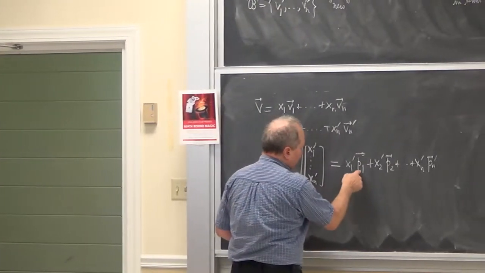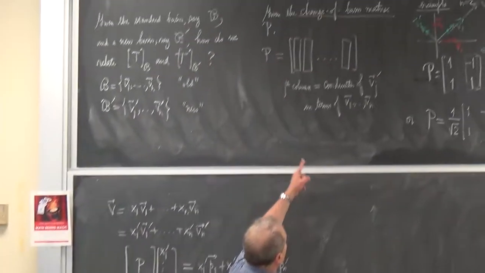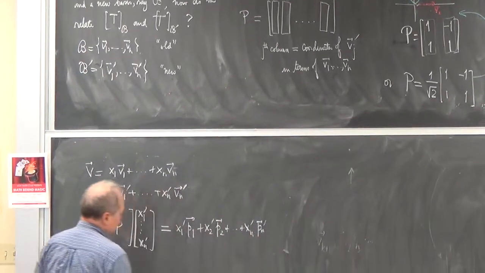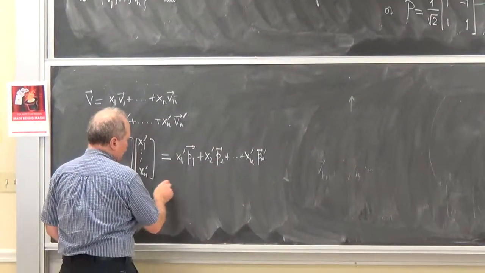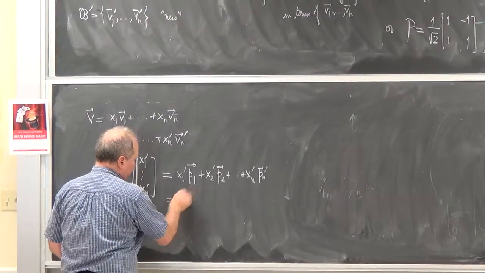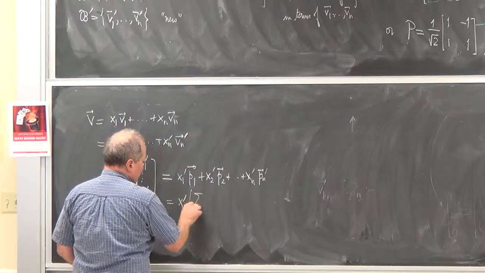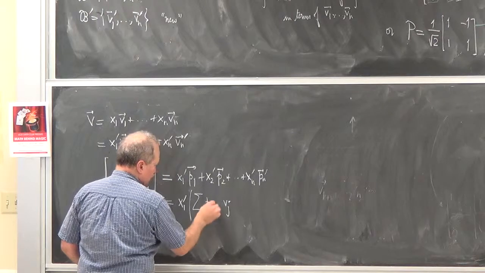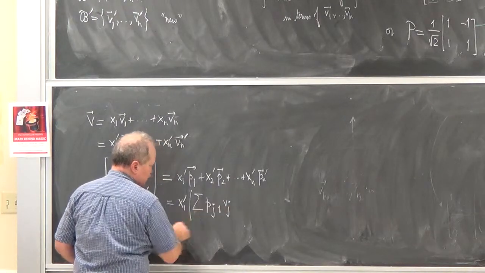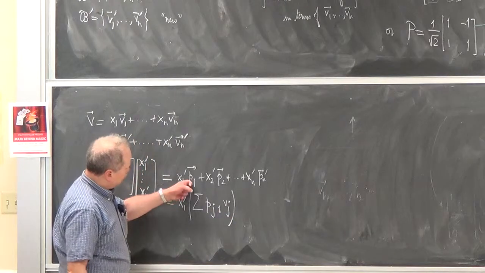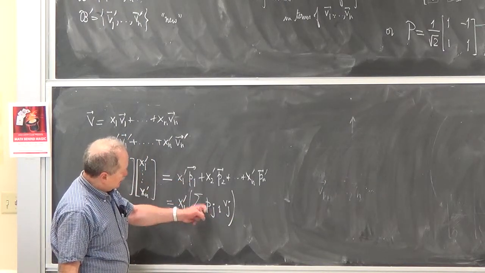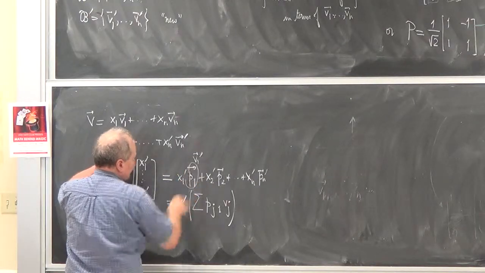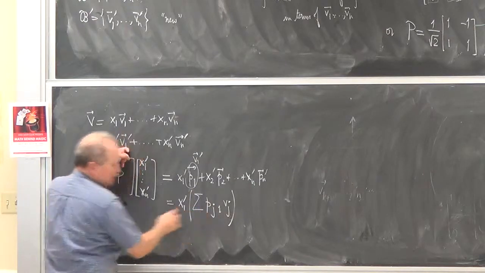But the first column of P, we said, was how you write V1 prime as a combination of the V's. So this is going to be x1 prime times P1 there and J there times the V. So the first column of P represents V1 prime. This is really V1 prime. And V1 prime is this combination.